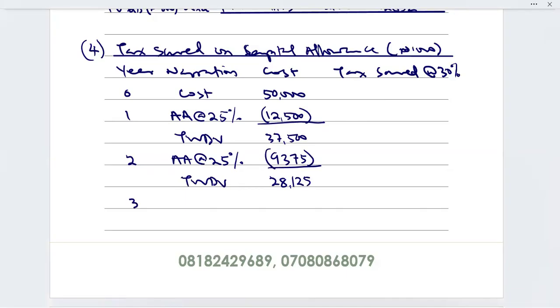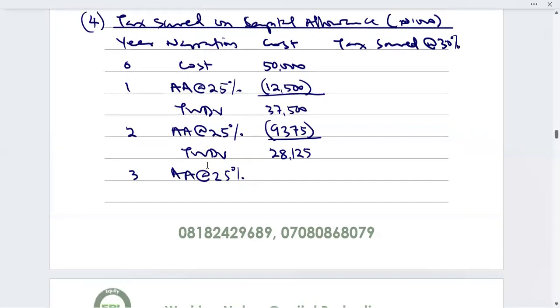Moving to year 3, annual allowance at 25% of 28,125 is 7,031. What's the difference? 21,094. So that's the tax written down value at the end of year 3.